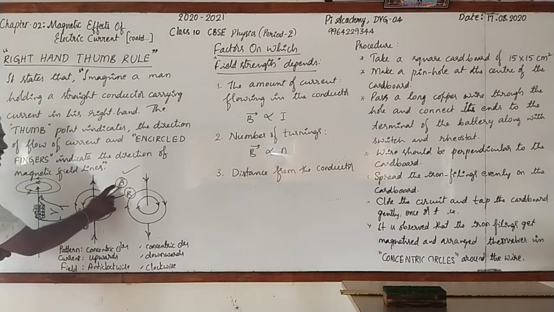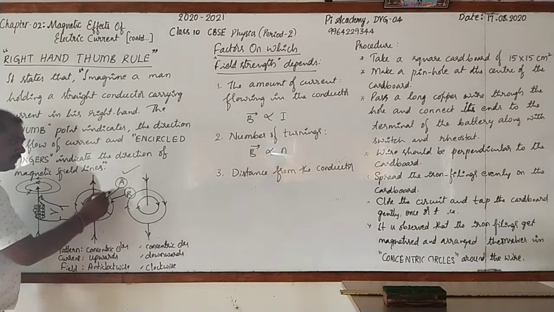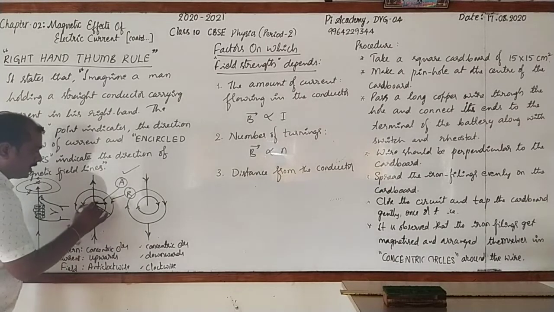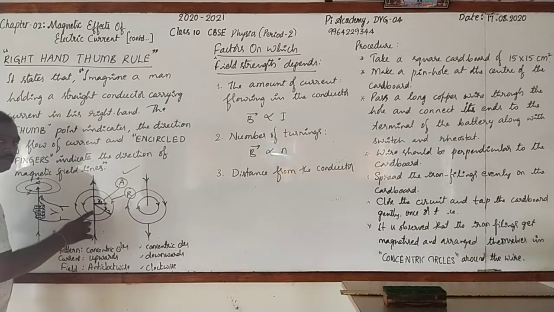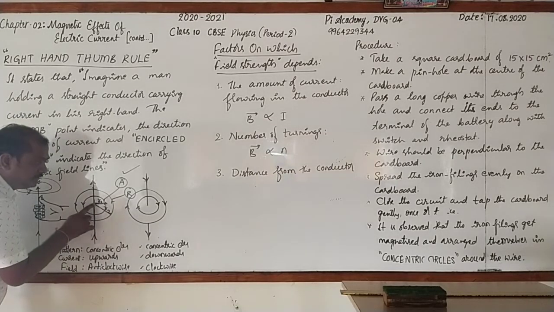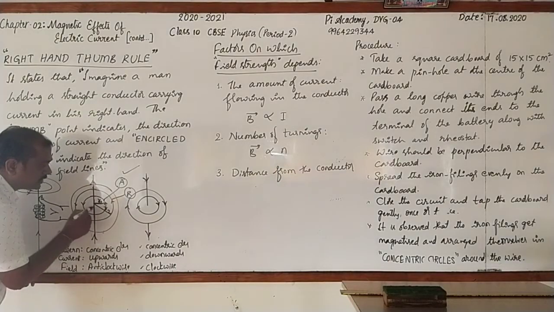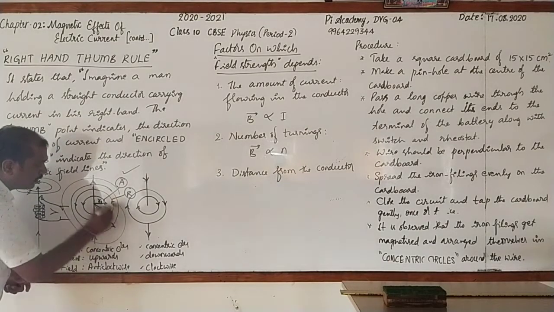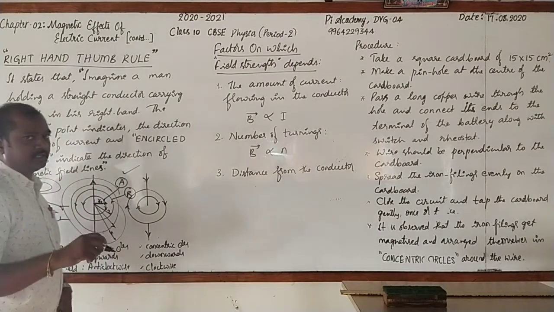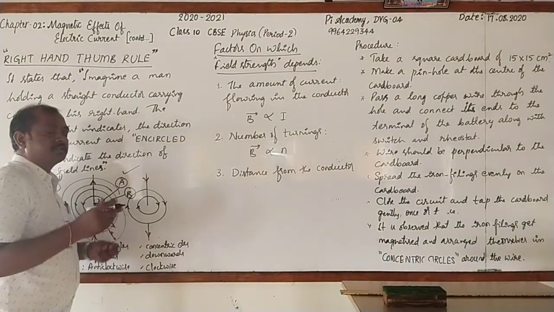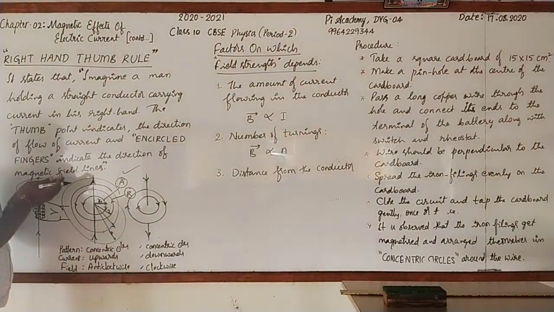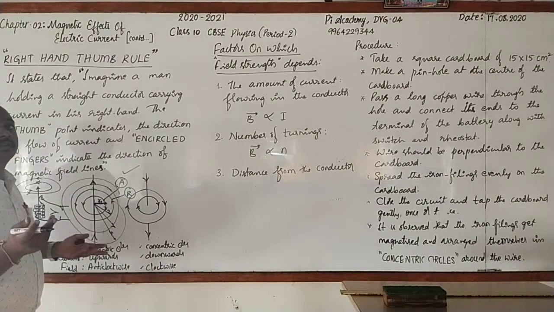Hence the field strength is more in case of A than B. And both are radii only, 1 and 2. As the distance from the conductor increases, the field strength will go on decreasing, right? As the distance decreases from the conductor, then field strength increases.